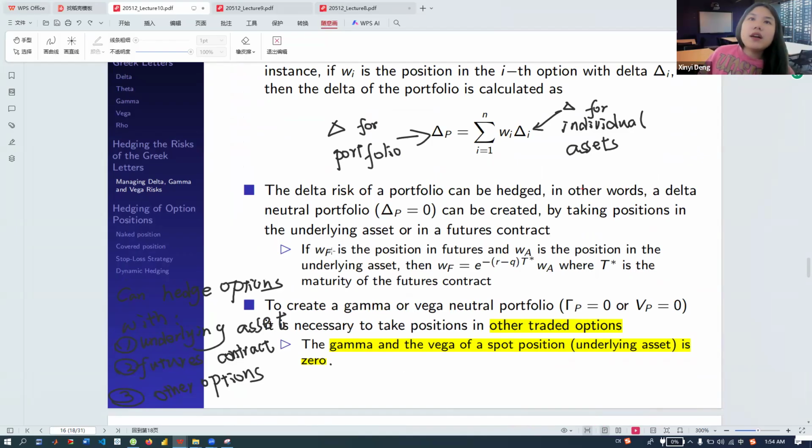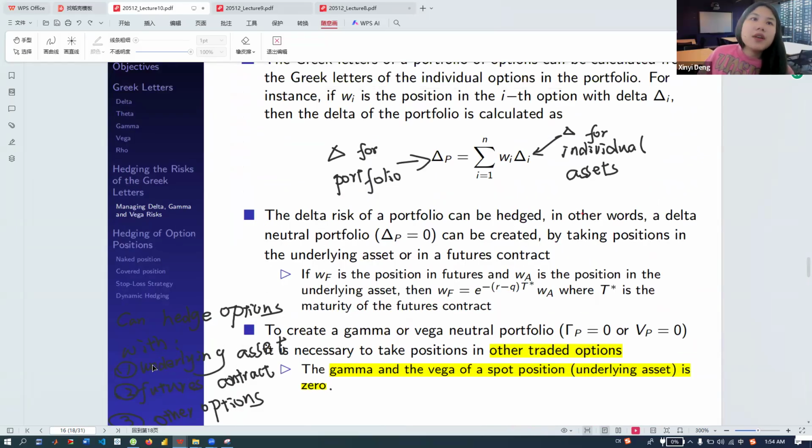So here, I'm showing that w_A is the position you need to use if you hedge the option utilizing the underlying asset, and w_F is the position in futures if you choose to hedge the options with futures.